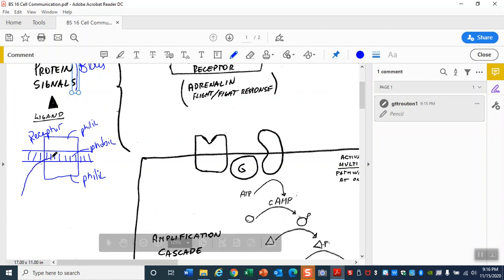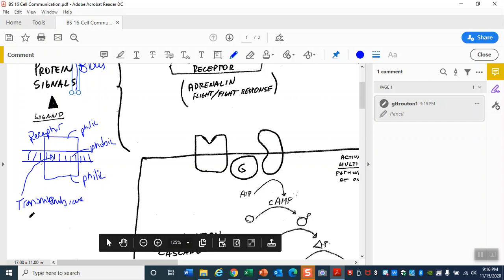And the portion of the receptor that's in the membrane itself, this hydrophobic portion, is called the transmembrane portion of the receptor. All right.